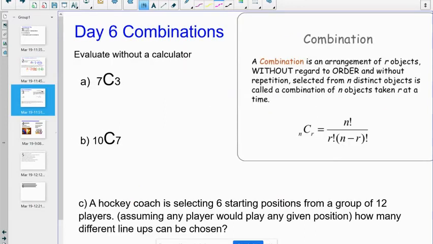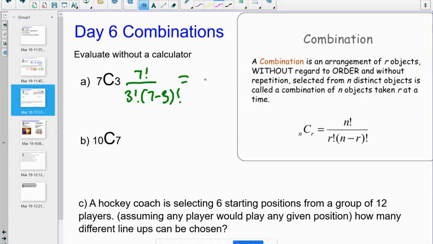Now with combinations, you can evaluate this with a calculator. If you're not using a calculator, you're going to set it up as 7 factorial, because that's n, over 3 factorial times 7 minus 3 factorial. And that's going to equal 7 factorial over... 7 minus 3 is 4, so we're going to write the first 4 digits.